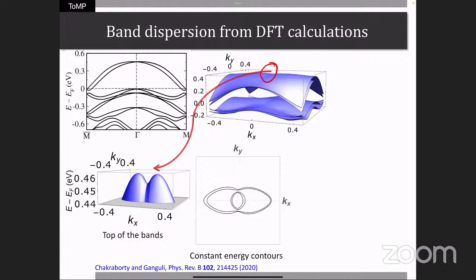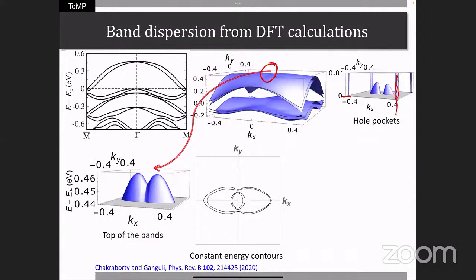And if we take the contour here, that is, the bands are on this plane, this gray plane here, this makes this kind of a contour. So we can see elliptical bands here. And this is the feature. If we bring the Fermi energy here, we can see the hole pockets here, and also electron pockets are present in these parts.